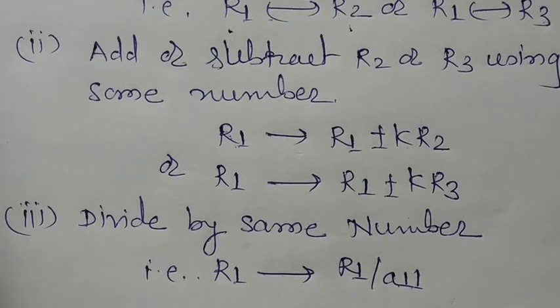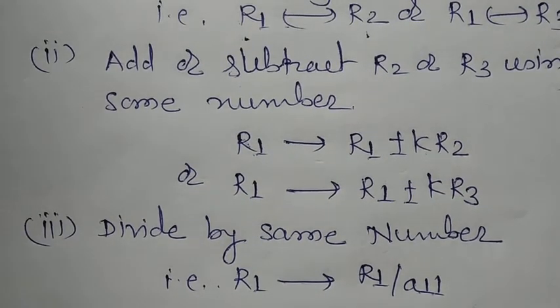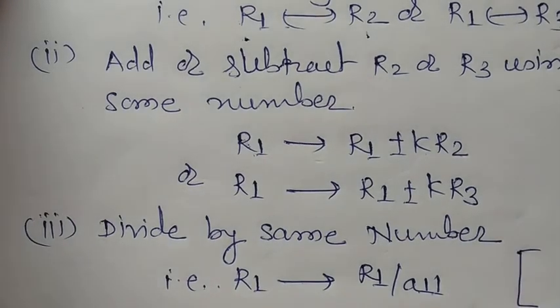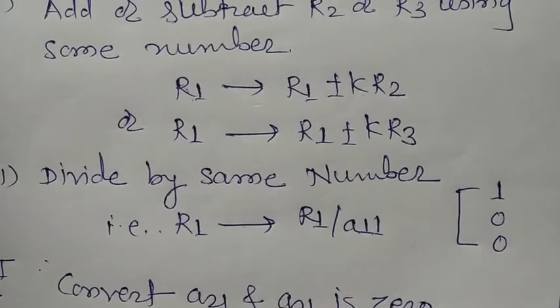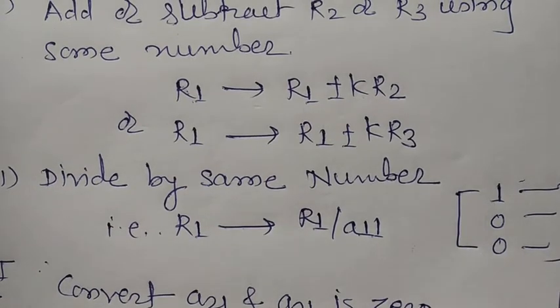Using this A11, convert all other numbers in the column to 0. Then your first column will be changed to 1, 0, 0. The other numbers may be whatever they may be, but your first column is 1, 0, 0.